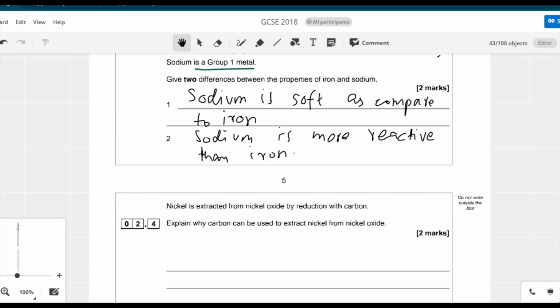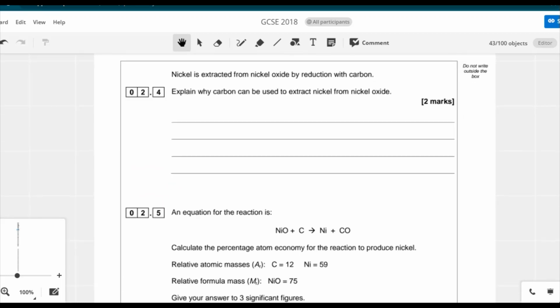Okay, now the next question is 2.4. The question is, nickel is extracted from nickel oxide by reduction with carbon. Explain why carbon can be used to extract the nickel from the nickel oxide.